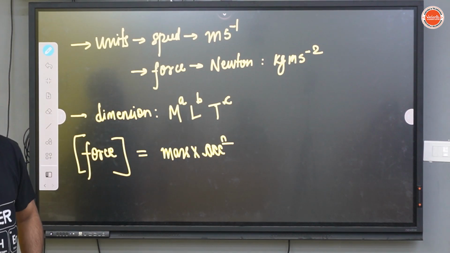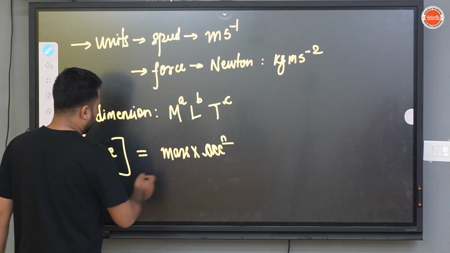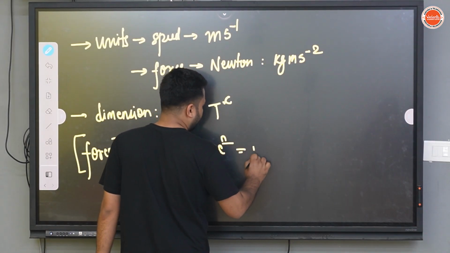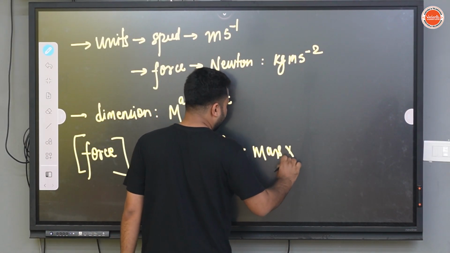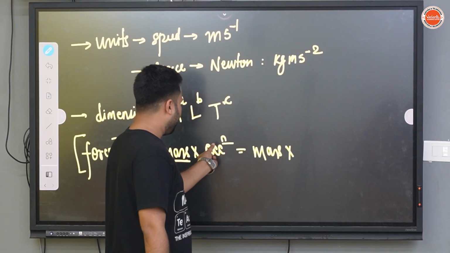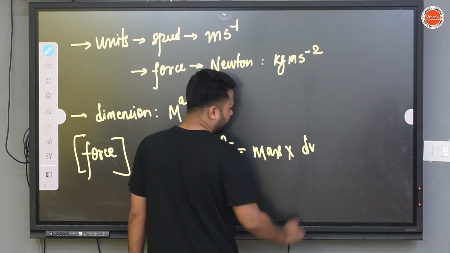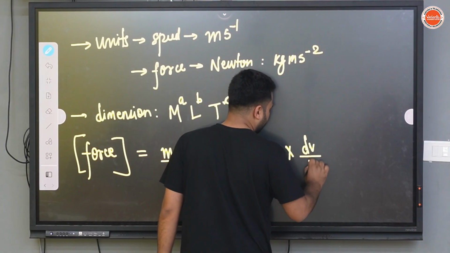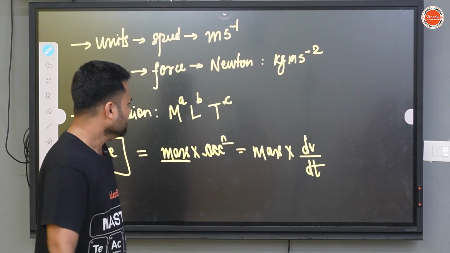Now if you don't know the dimension of acceleration, how does acceleration come? Mass into acceleration. Acceleration is what? Change in velocity. How much velocity is changing, in how much time? This is only acceleration, correct?